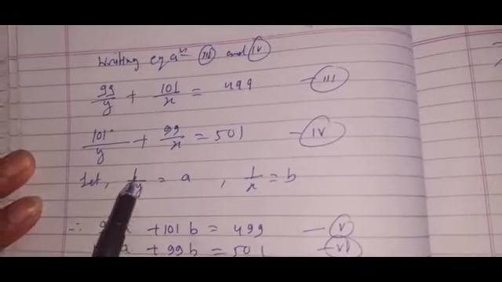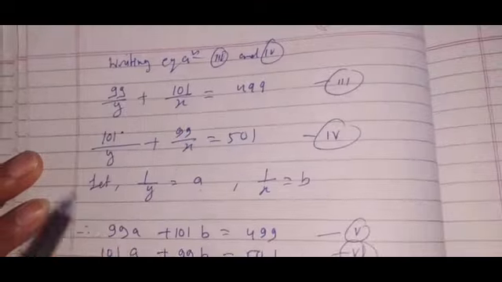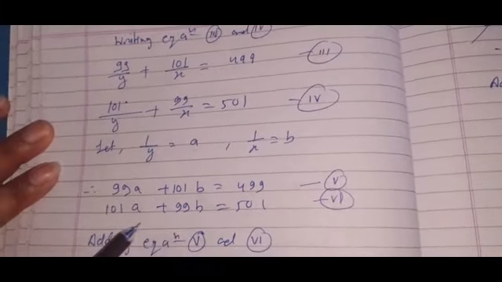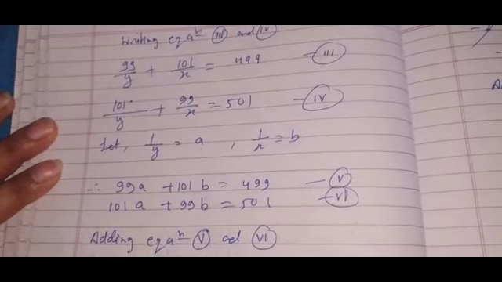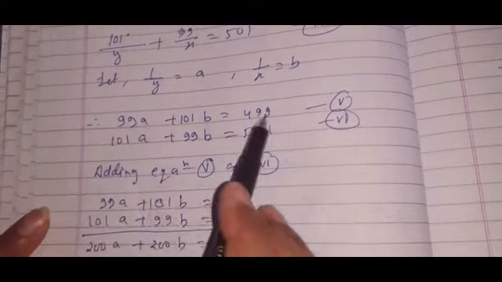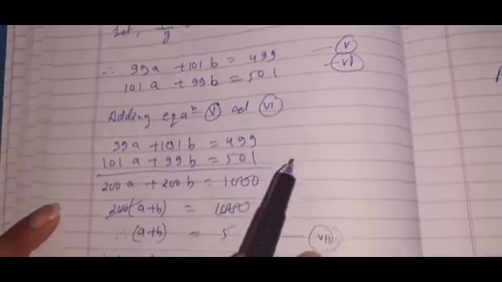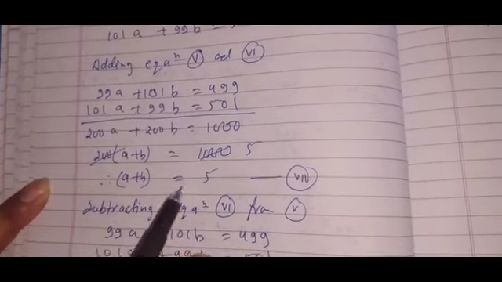Now I have written that 1 by y is equal to a, 1 by x is equal to b, then 99a plus 101b is equal to 499, and 101a plus 99b is equal to 501. Now, as we have learned one method to come out from these bigger numbers, I have added the fifth and sixth equations. So I added both the equations, and we found that a plus b is equal to 5.